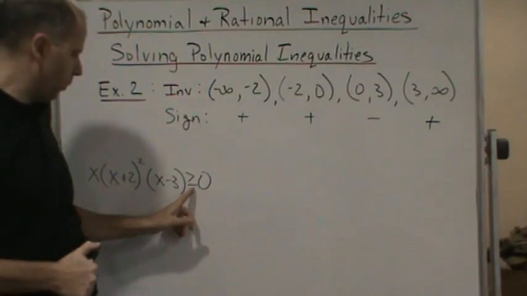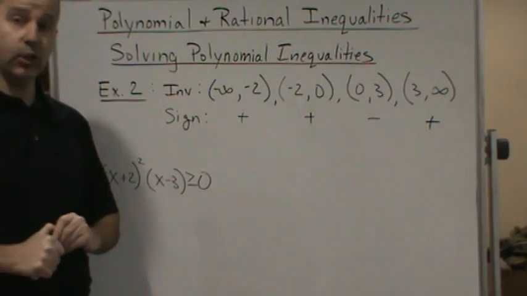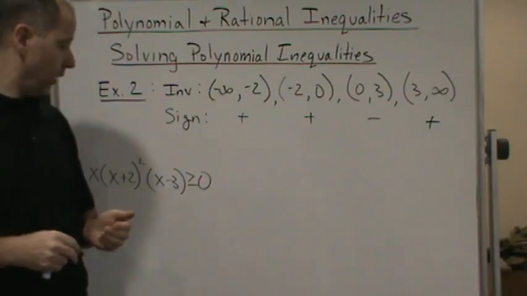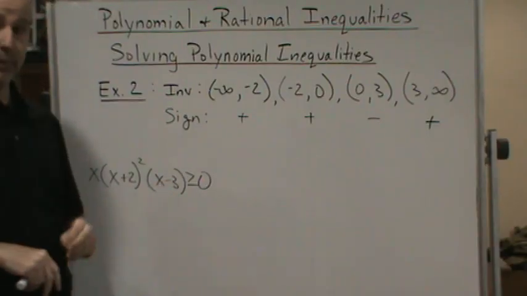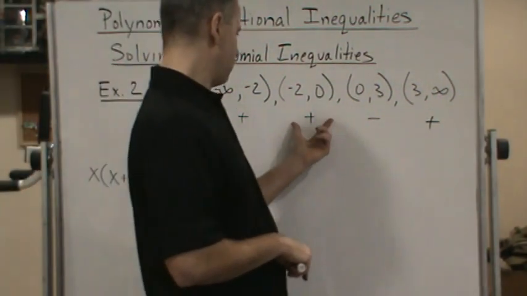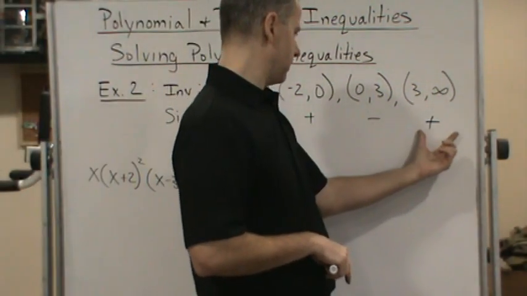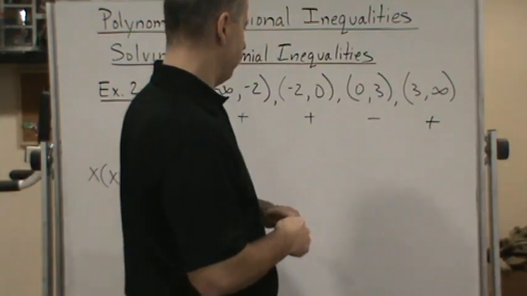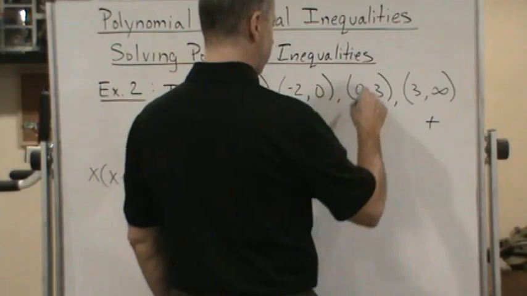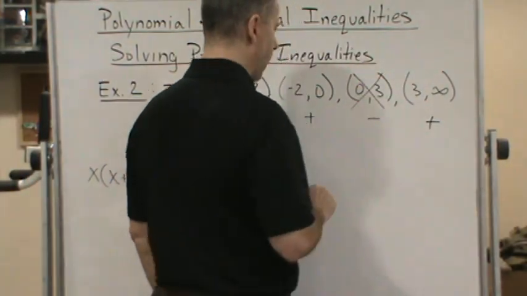Since we have equals, that means we're going to include the endpoints in the solution set. So greater than means positive. So this is positive, this is positive, this is positive. This one's negative, so this is going to be gone.